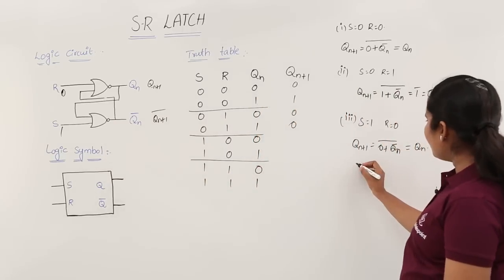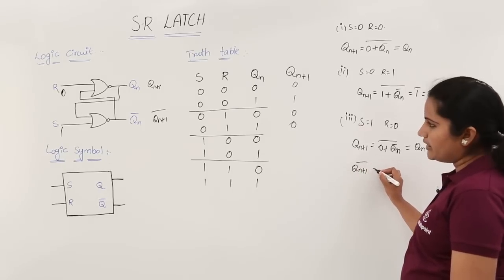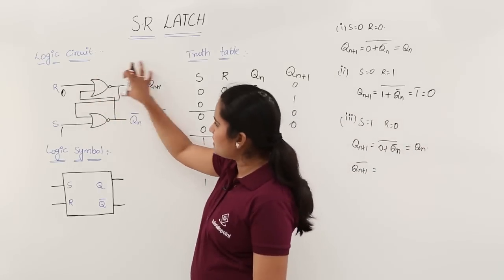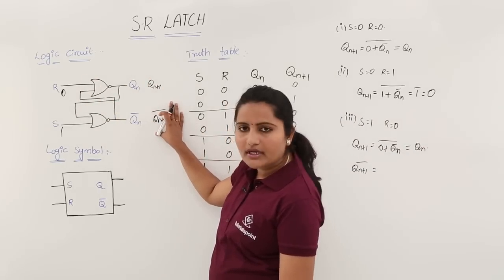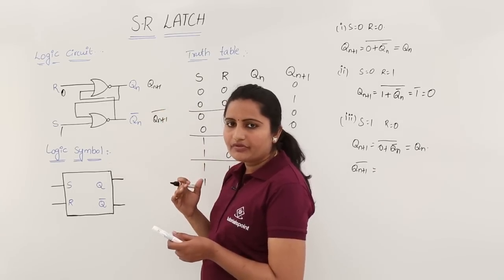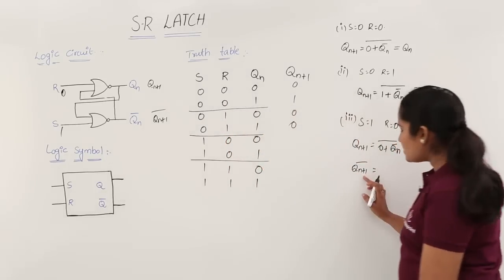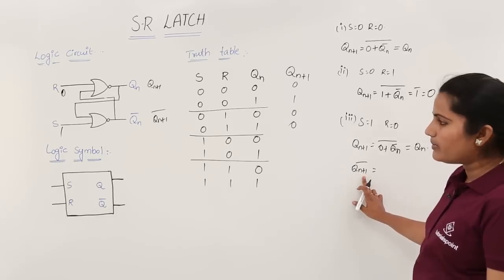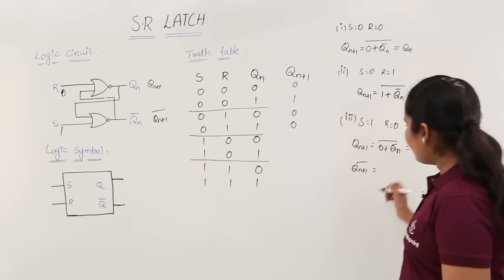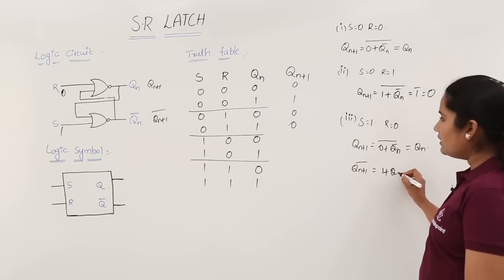When you observe the complement path, Qn+1 bar is equivalent to this output. I just want to take this output, because if by using any one of the inputs you get a definite value, then you need to try that. So Qn+1 whole bar is dependent upon S plus Qn whole bar.